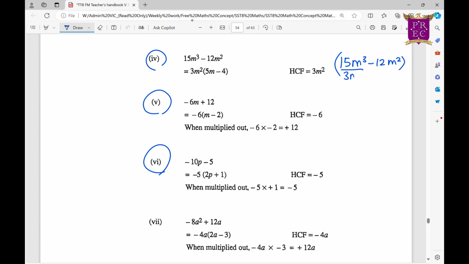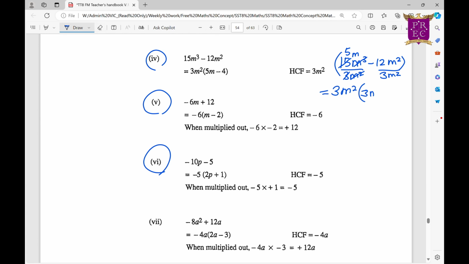So if I divide it by 3m squared, how I can write this is 3m squared is outside of the bracket, so I can cancel out the m cubed and the m squared, and it just leaves me with an m at the top. And 15 divided by 3 gives me 3, so I'm left with 3m. Messed up multiplication. It leaves me with a 5.